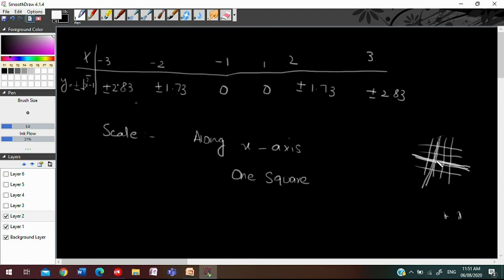Along the x-axis, this one box, this one square is your 1 unit.